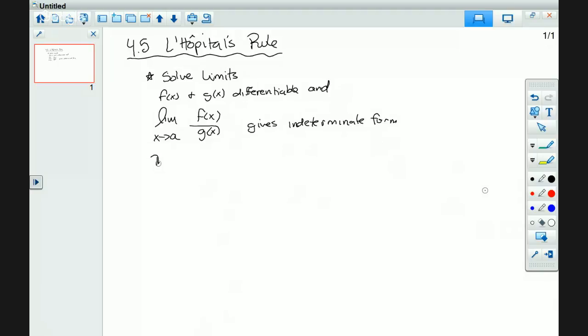Then this is true. You could take the derivative of each of them and resolve it.